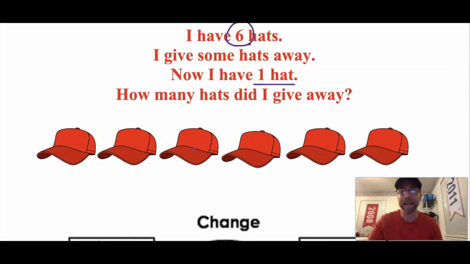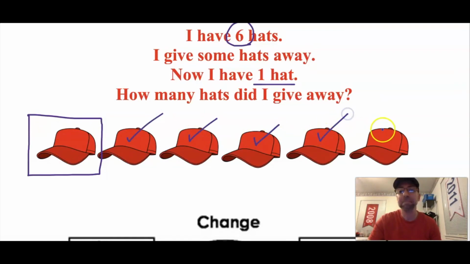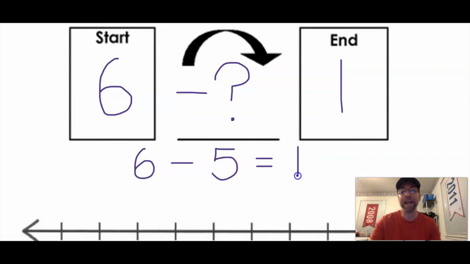Now I have 1 hat. Well, here's the 1 hat that I have. That's the hat that I was left with. How many hats did I give away? 1, 2, 3, 4, 5 hats. So my number model, I started with 6. I gave away 5. And I was left with 1 hat.